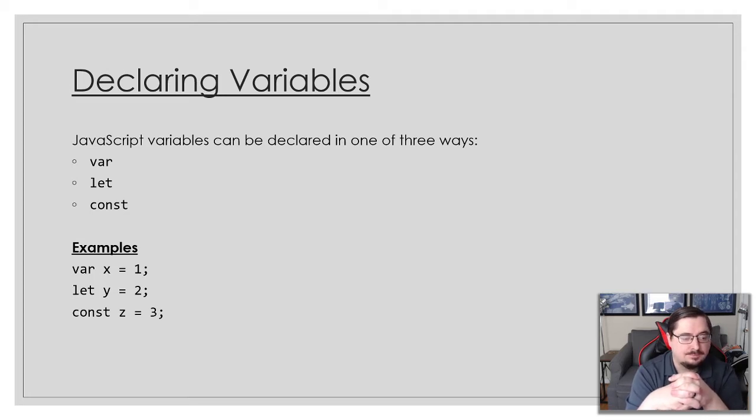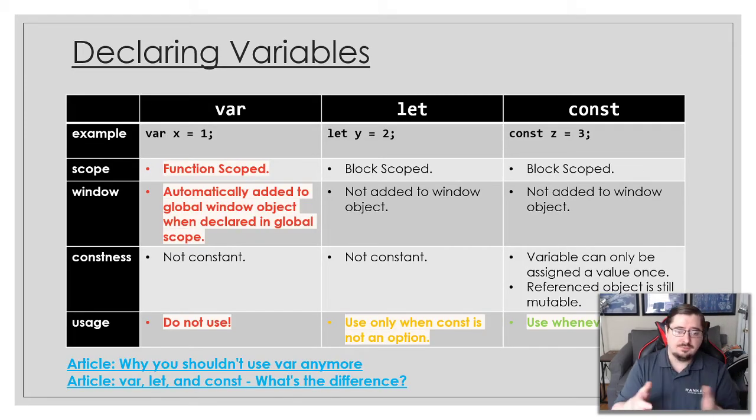We'll go through that. But you can declare your variables any of these 3 ways, and there's upsides and downsides to why you might use one over the other. So I want to make sure you have a really good grasp of what those do and when you might use them. So let's go through a comparison of the different keywords and what they mean.